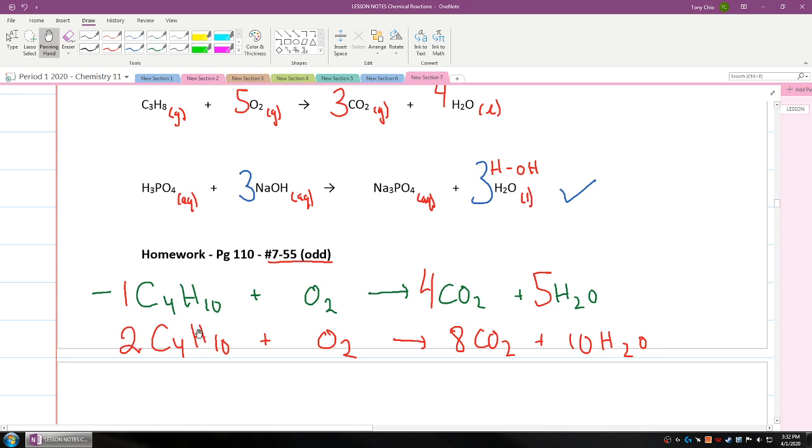You have 20 hydrogens here, you have 20 hydrogens here. But this now makes it so that your oxygens can now be balanced. Because you have, in this case, if I write it out as a small number, 16 oxygens here plus 10. You have, in total, 26 oxygens. So what number times 2 gives you 26 oxygens? 13. And that's the double odd even rule.